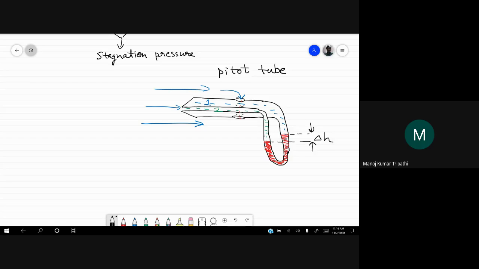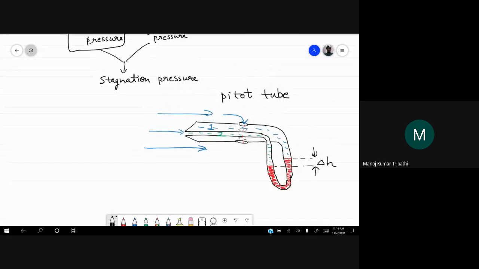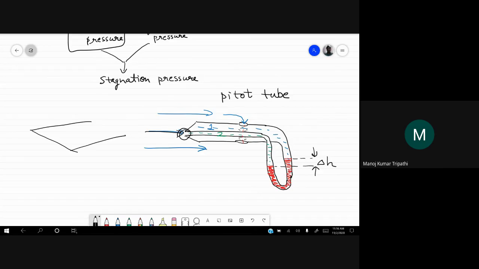Now what happens is at the tip here, when the air hits this tip, it doesn't actually enter. The velocity goes to almost zero. You can try this. You can have a sheet of paper and make a small hole in it, and let the fan blow the air, or whatever you have at home, a fan or a cooler or anything like that.